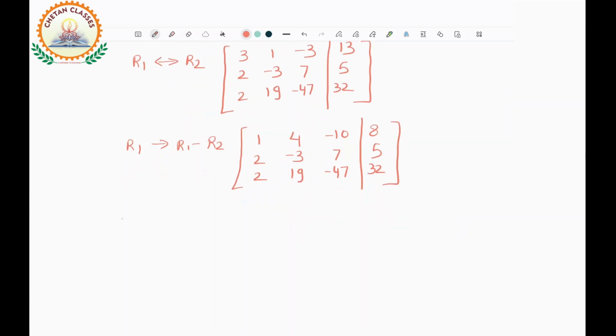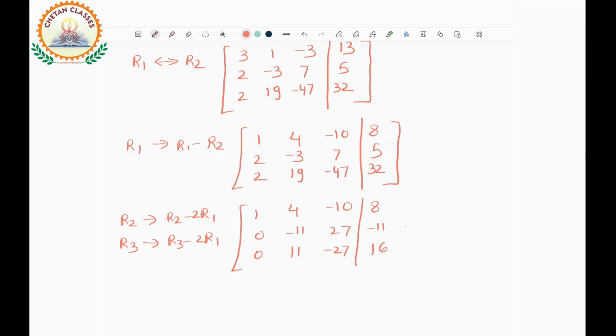Now with the help of this 1, R2 tends to R2 - 2R1, and R3 tends to R3 - 2R1.